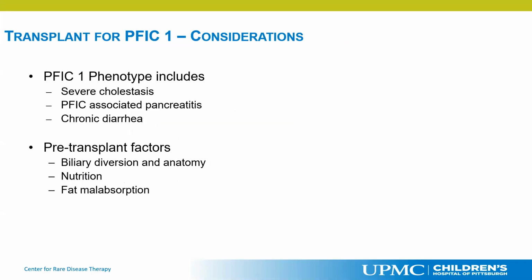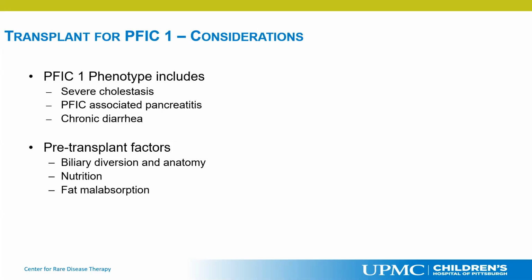PFIC1, or Byler's disease, is really the first disease discovered for this. It has very severe cholestasis. It's a systemic disease, and it's important to understand that it's a systemic disease in the way that your body handles bile acids, in the way that your body handles a lot of different substrates.